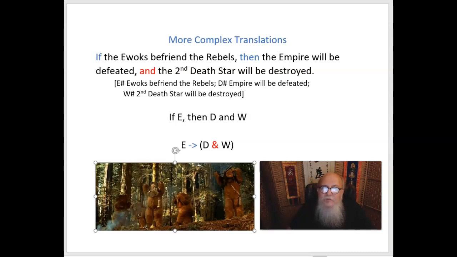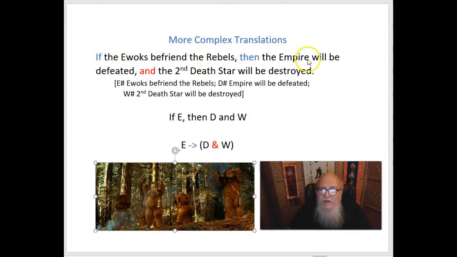If the Ewoks befriend the rebels, then the Empire will be defeated, and the second Death Star will be destroyed. Now, of course, we always create a dictionary. E for Ewoks befriend the rebels, D for the Empire will be defeated, and W for the second Death Star will be destroyed. And if you look at the overall form, we have an if and a then and, right?